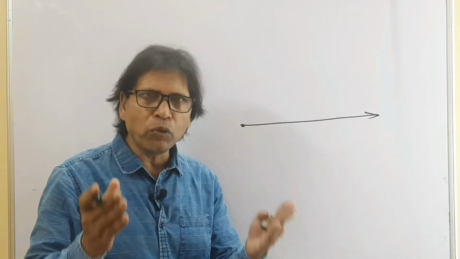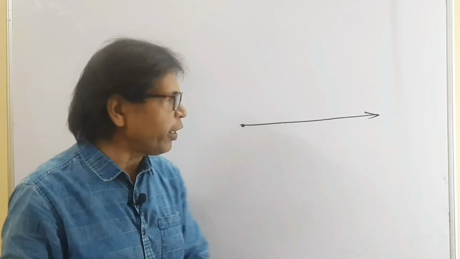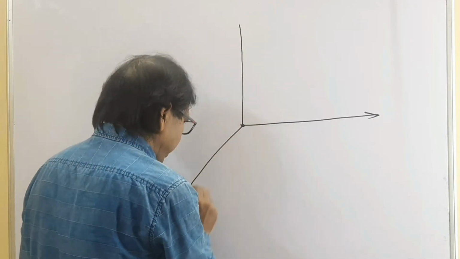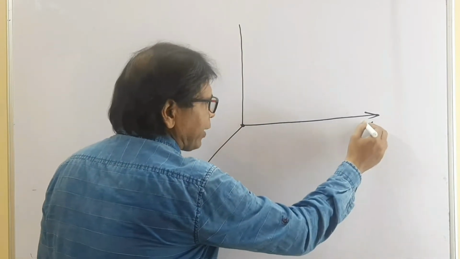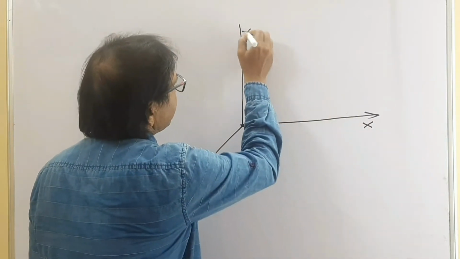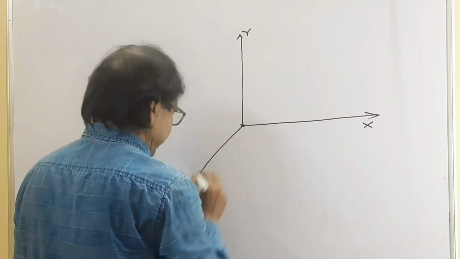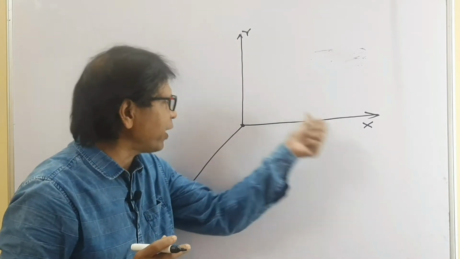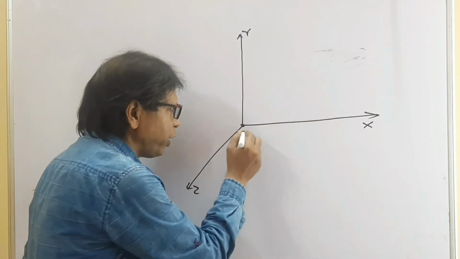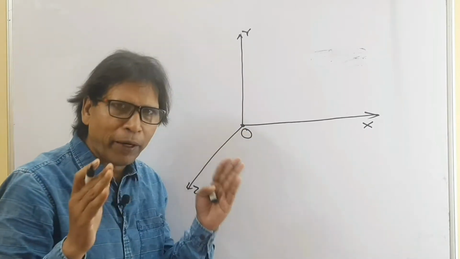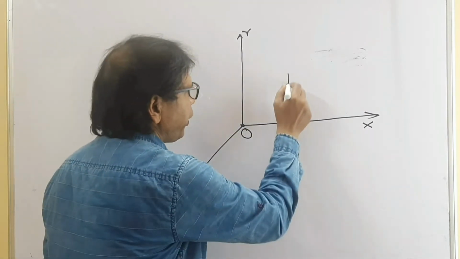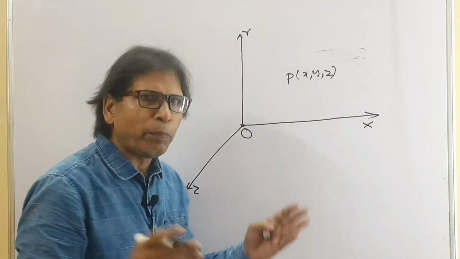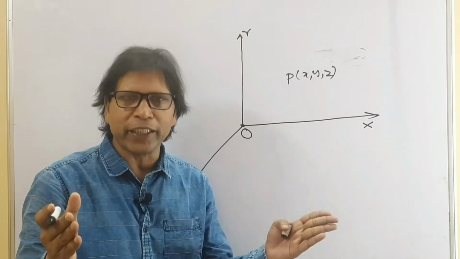It is convenient to use rectangular coordinate axis, in which three mutually perpendicular axes are known as x-axis, y-axis and z-axis. The point of intersection of these three axes is known as origin, which serves as a reference point. The coordinate P(x, y, z) represents the position of the object.